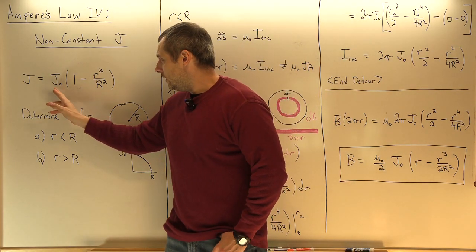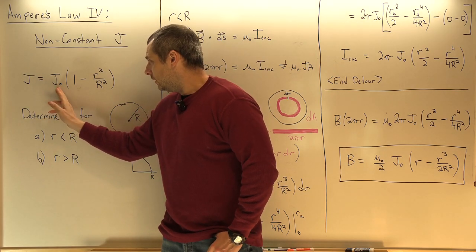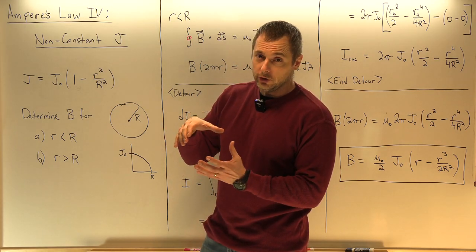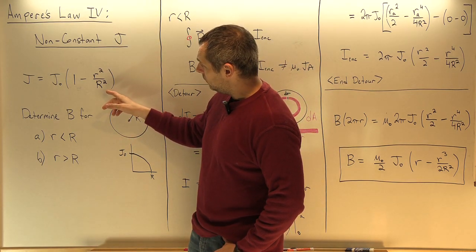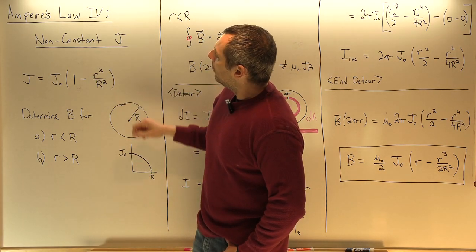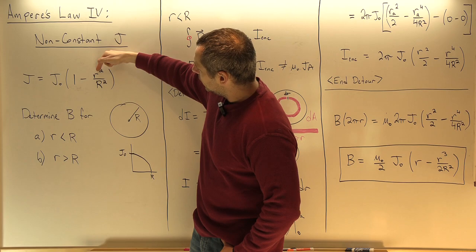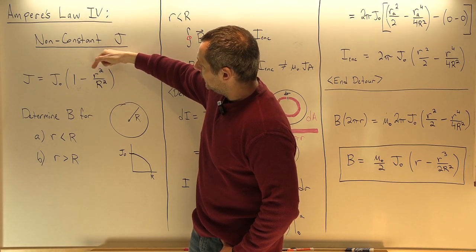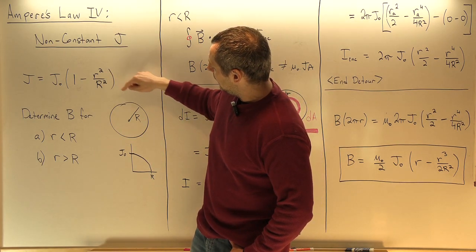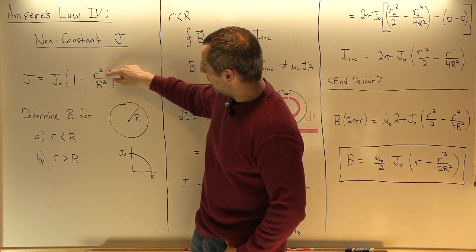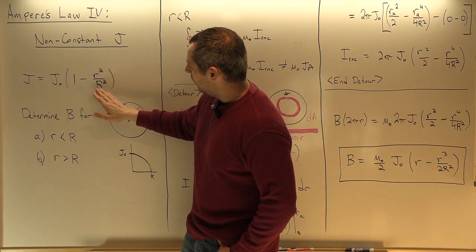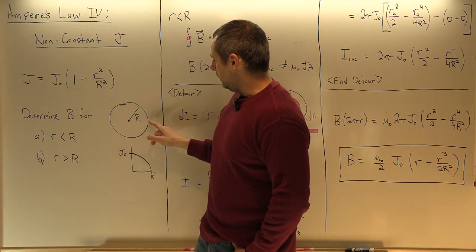As you can see here, we've got some current density constant, and this is, by the way, a cylindrical conductor. At radius equals 0, the current density is 1 times J0. But as r gets closer and closer to capital R, the current density gets smaller and smaller until we get to the outer edge of the conductor at capital R, where we have 1 minus 1, or 0 current density.